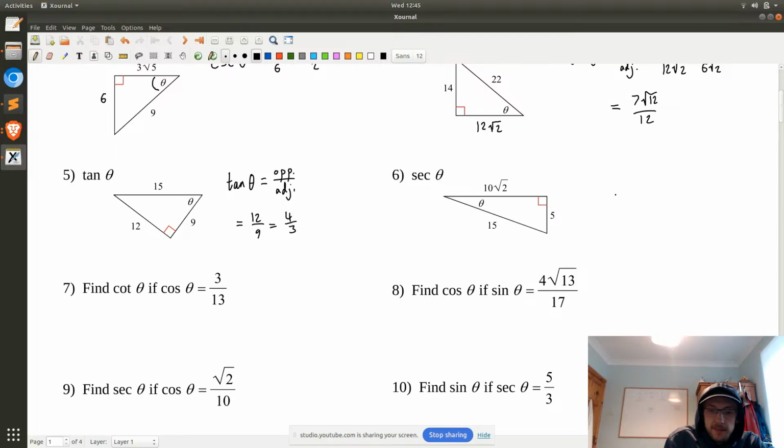Secant of theta is 1 over cosine of theta. And because cosine of theta is defined as adjacent over hypotenuse, the secant of theta will be the hypotenuse over the adjacent. So in this case, that would be 15 over 10 root 2.